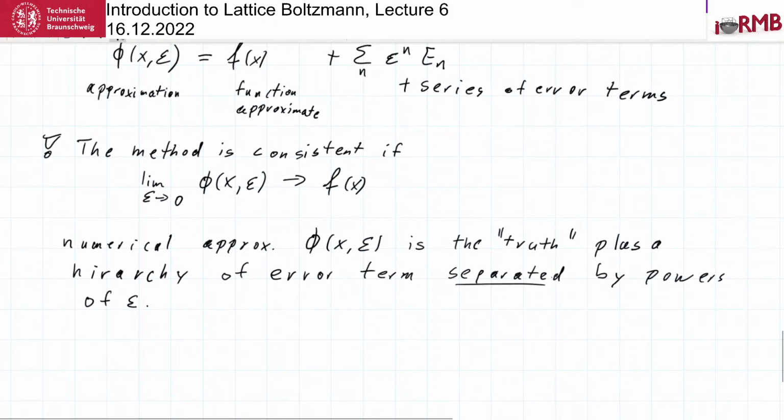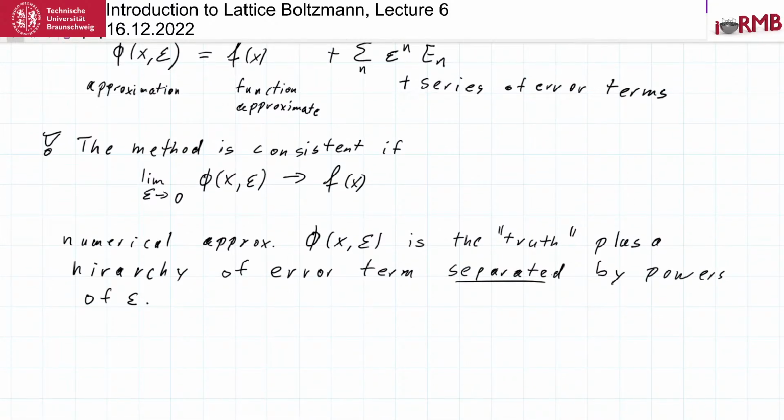So, which means we can express our dependent variables, which in our case are the moments, M_AB, say, M_AB is now expressed as the sum from n equals 0 to infinity of epsilon to the power n times the coefficients M_AB of order n. The same thing can be written for the collision operator and for post-collision moment, pre-collision moment.